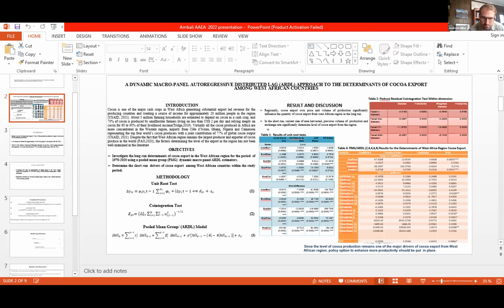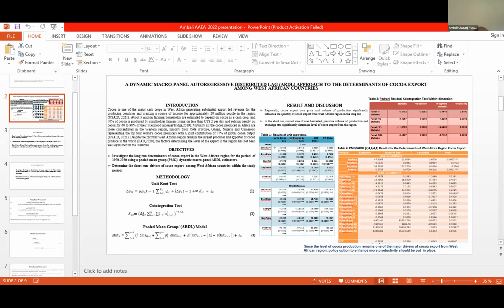So let's go to the result of the unit root test. The essence of the unit root test is to establish the order of integration of the variables involved, in order to know whether the PMG-ARDL is the most appropriate model for the estimation of our parameters.